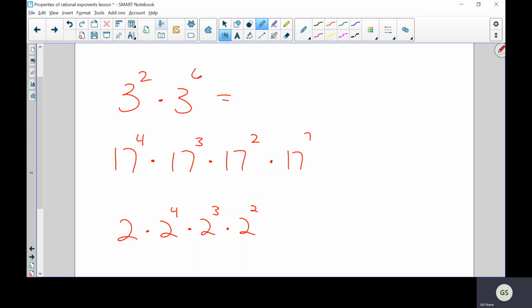Rule right here. This is the rule we're using. Should write that up. What do we do? I'm going to call on somebody else.